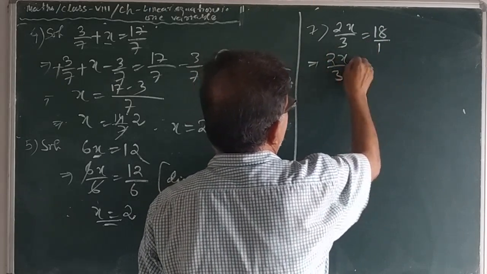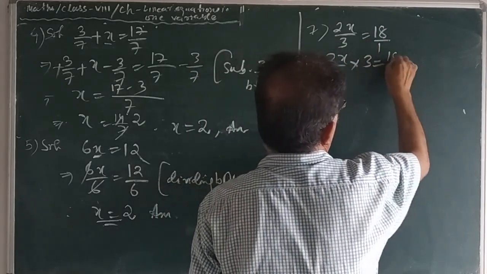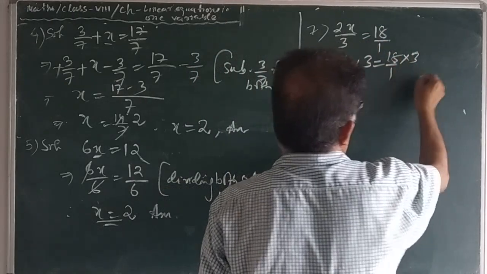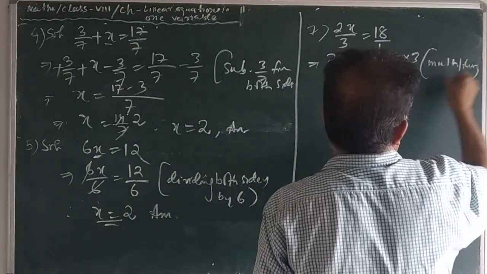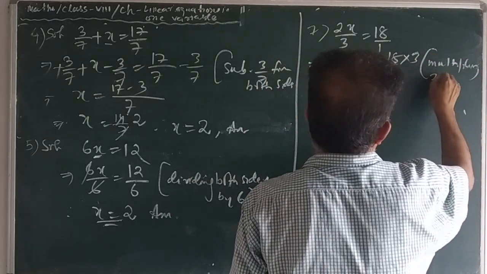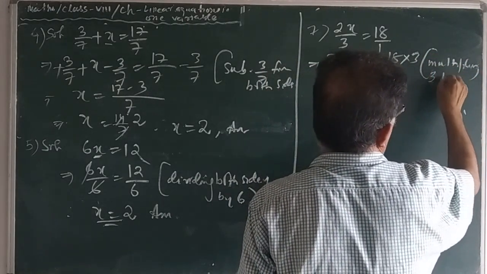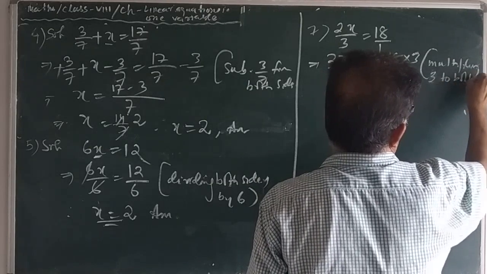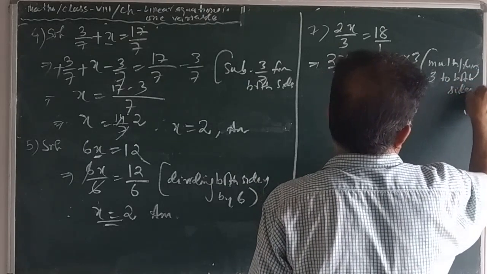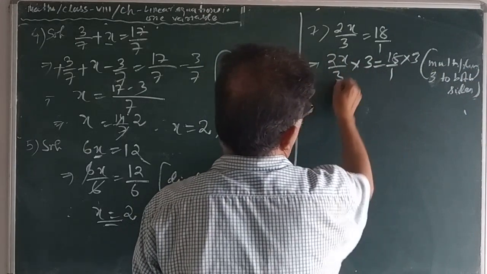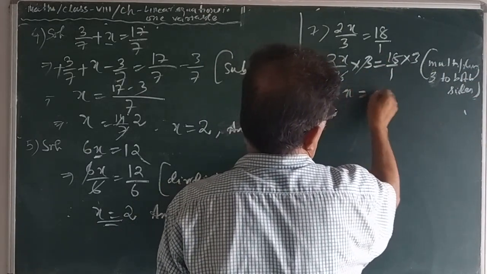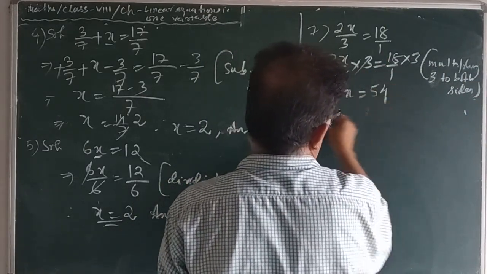It will be better to do 2x by 3 into 3, 18 into 3, multiplying 3 to both sides. This implies 2x equal to 54.